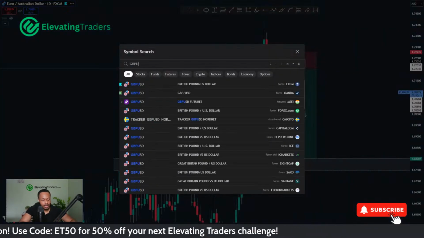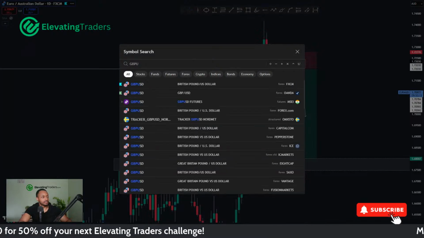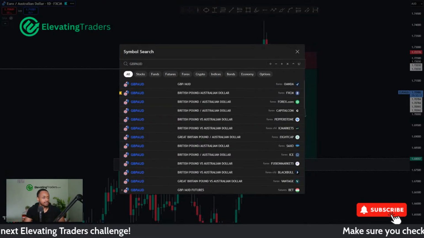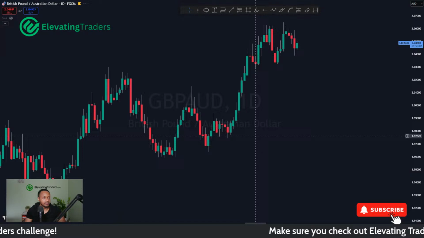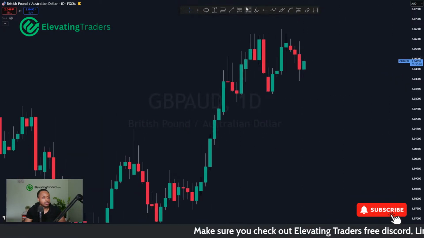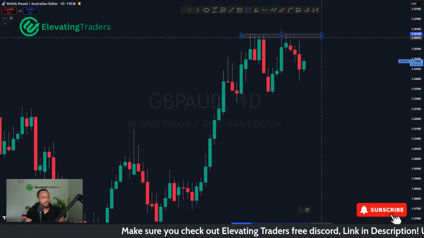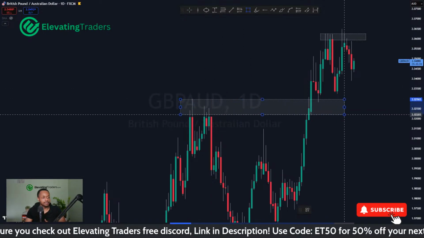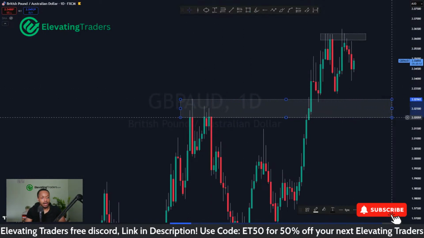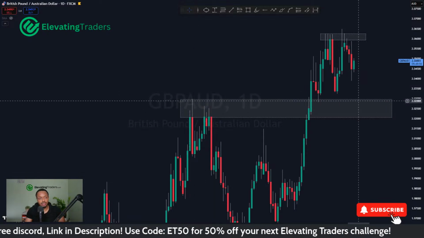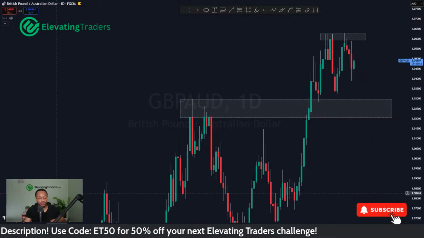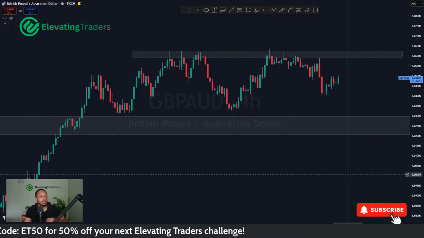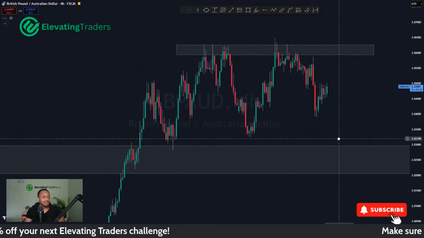In terms of pound Aussie, I'm pretty bearish on this one as well. Respecting the high pretty well, and I do think we can at least come back and test the prior high here, which is prior resistance that will be turned support here at 2.025. I do still see us getting there.